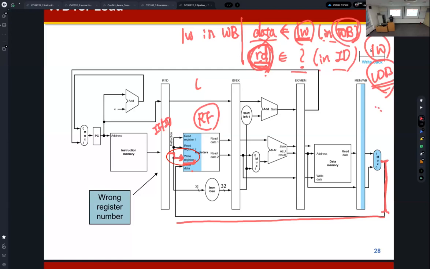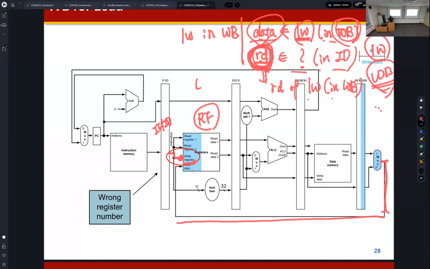How? We need to make the RD connected to this write register port the RD of the load word in the write back stage. Do you understand? If we can make this signal the RD of the instruction in the write back stage, then we can identify the data and the RD of the same instruction.